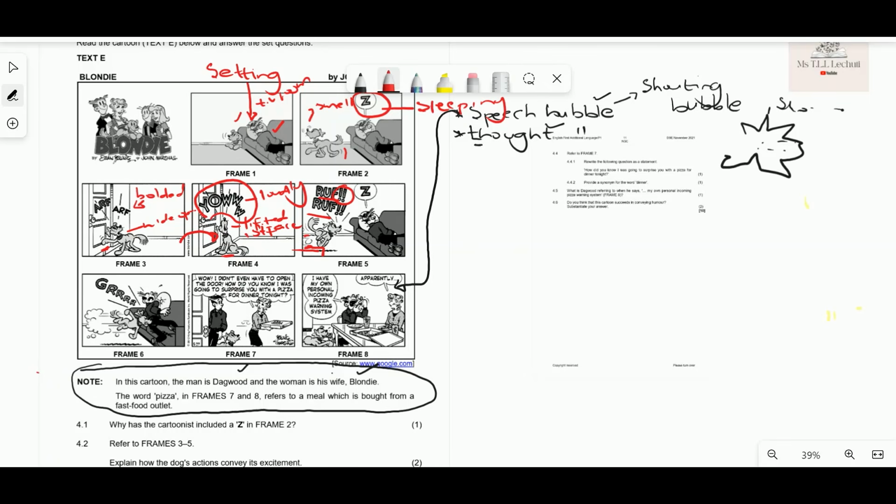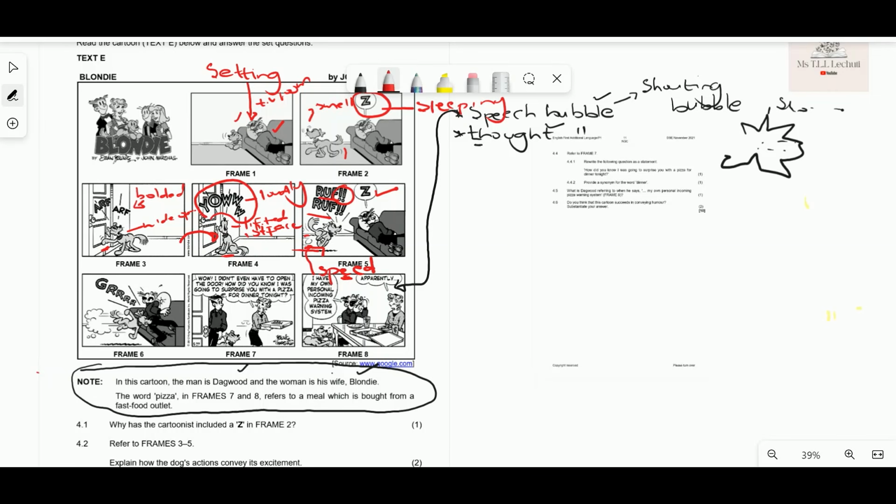The lines here indicate speed. You see, each and everything in a frame is quite important. They indicate that it is running towards Darkwood.